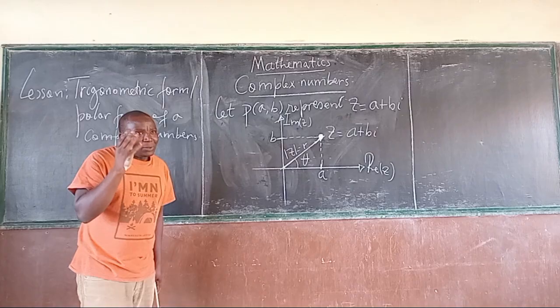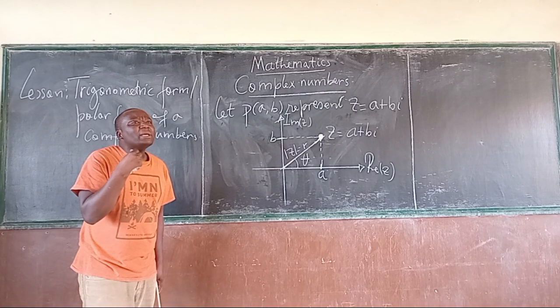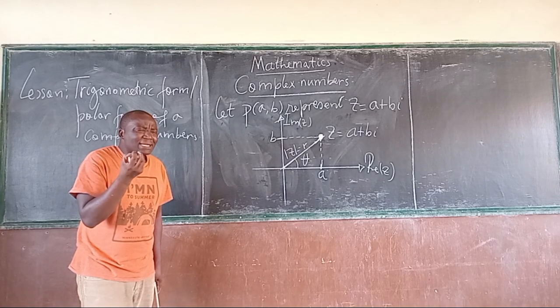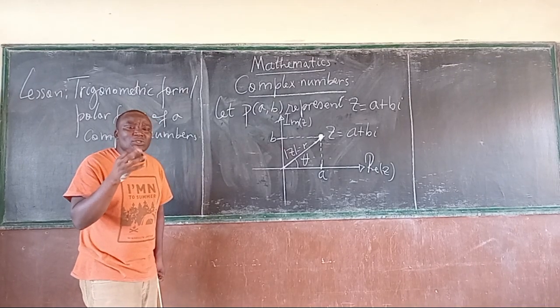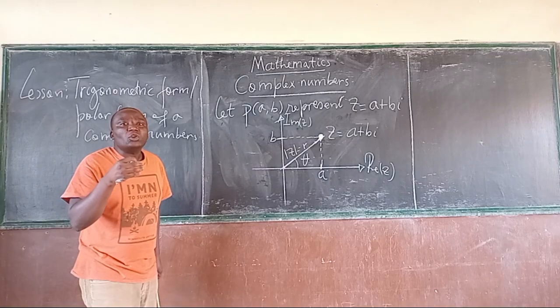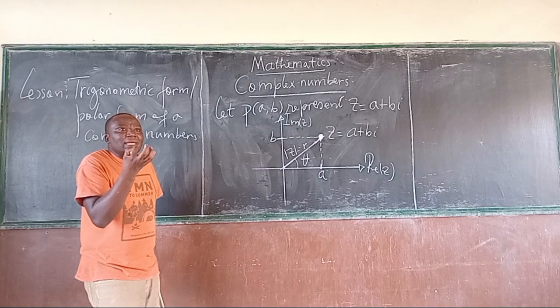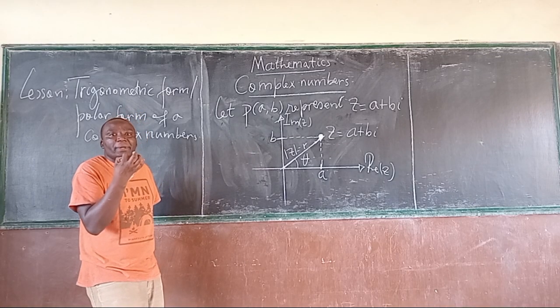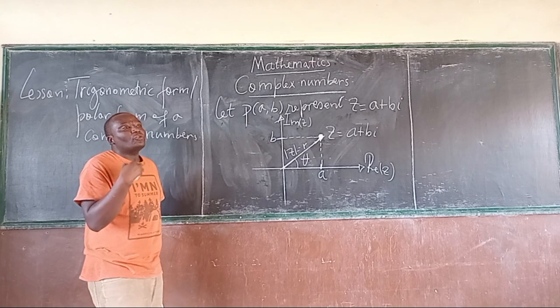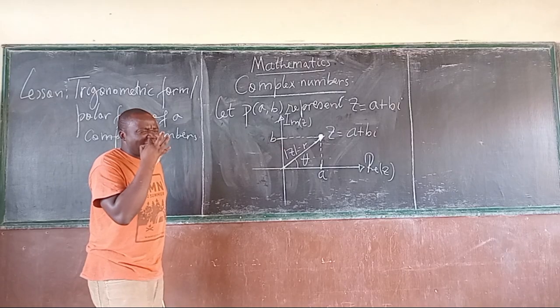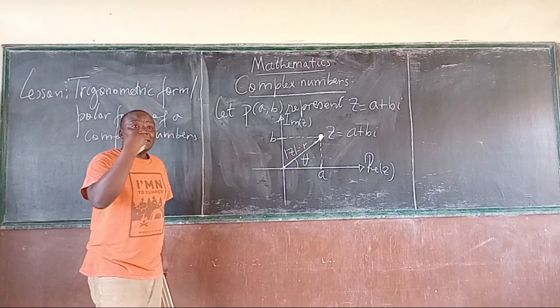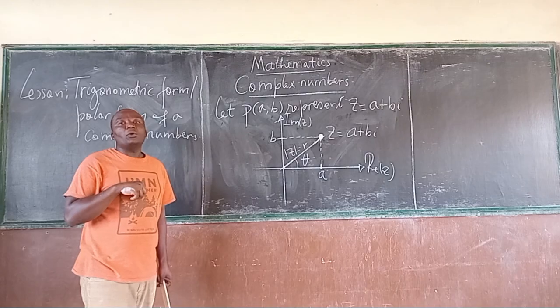Teachers, understand that when you say trigonometric form of complex numbers, it means the presence of trigonometric functions in complex numbers: the presence of cosine of an angle, the presence of sine of an angle in writing complex numbers.